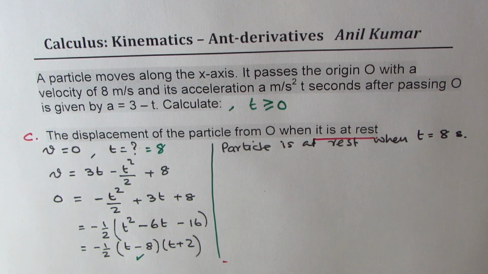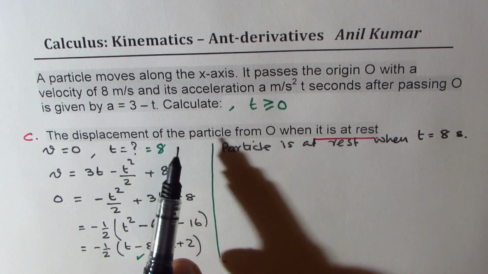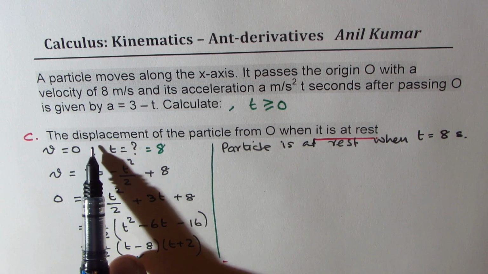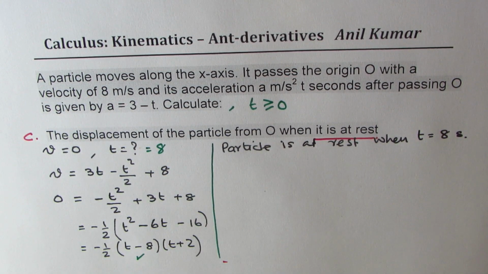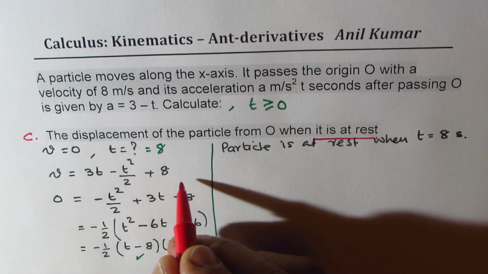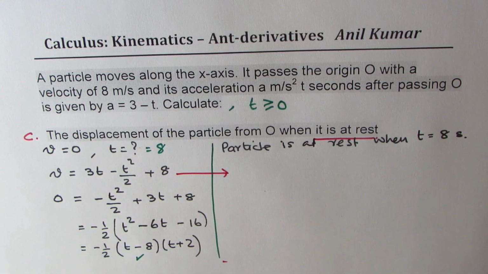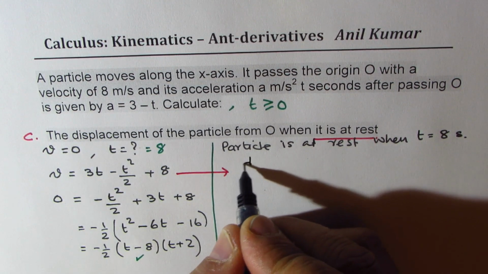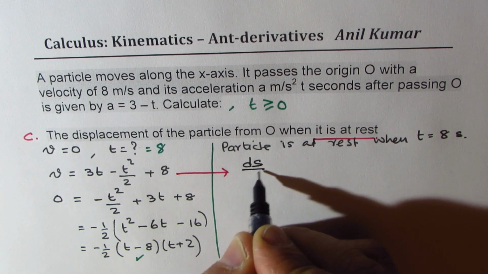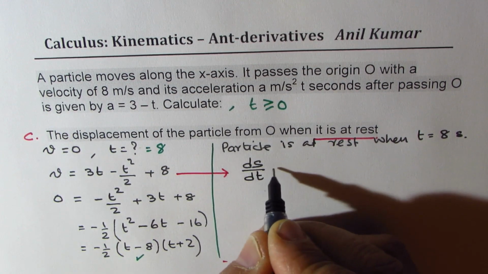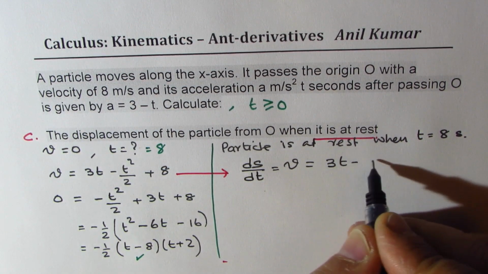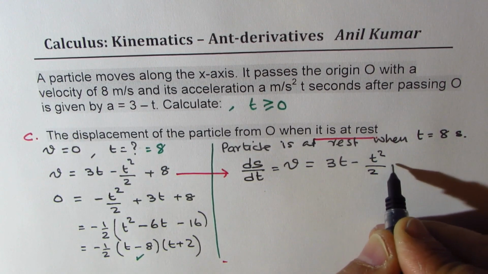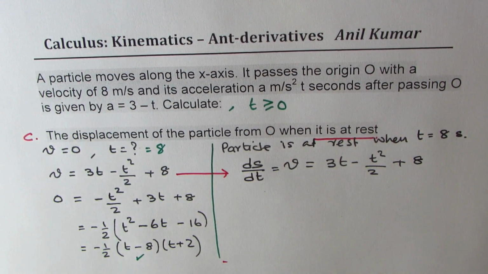Perfect. Now the idea is to find the displacement, since we want to find the displacement of the particle from O, right? So we have to do the antiderivative of the velocity function. Is it okay? Since we know that ds/dt, where s is displacement, is equal to velocity, which is equal to 3t minus t squared over 2 plus 8. So what is displacement?